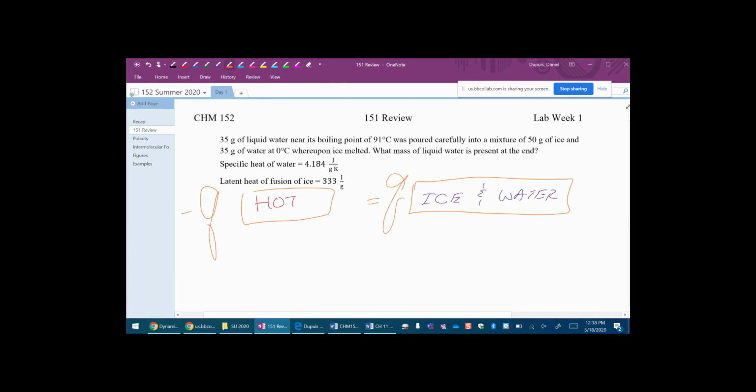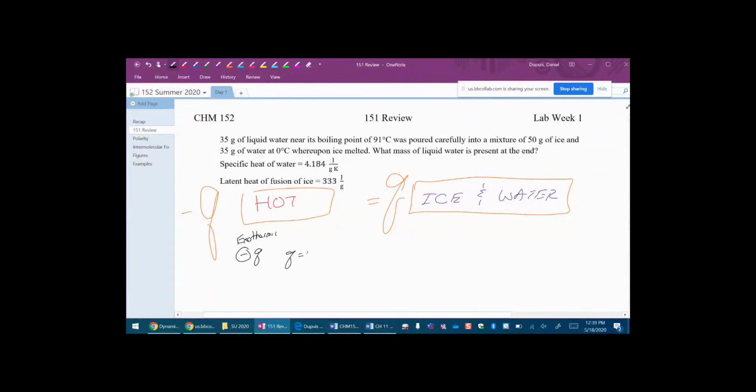The heat lost is the heat gained. All right? So all the water can do is cool down. And if there's still ice left, the final temperature would be 0. So for the hot water, we're going to have negative Q, which all this means is it's exothermic.